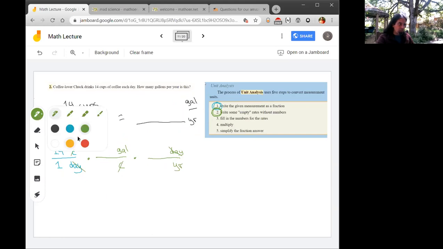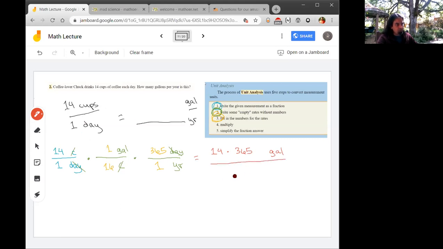Step 3, fill in my numbers. So 1 gallon is 16 cups and 365 days in a year. This time I have more room. I'm actually going to write it out. So this is 14 times 365, and the only word left is gallons. Over 16, and the only word left is years.